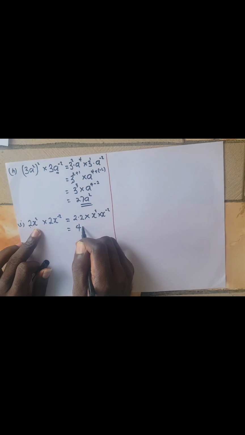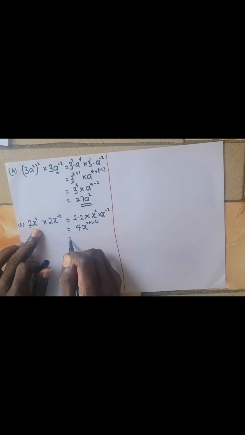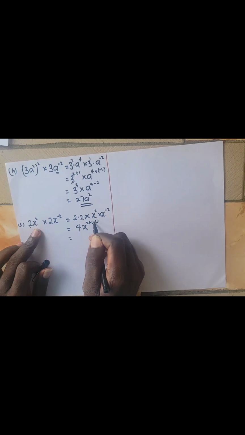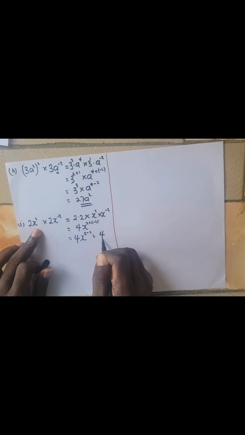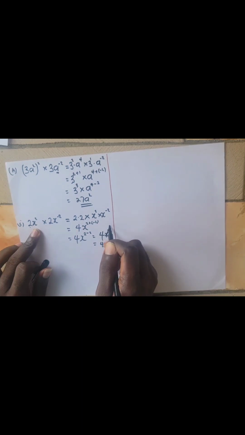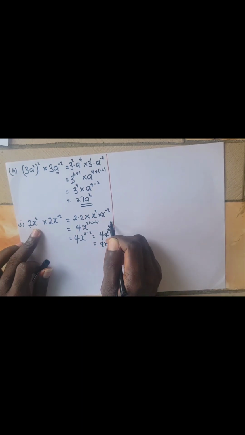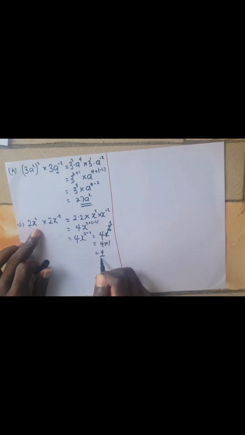This is equal to 4 times x raised to the power 2 plus minus 2. Plus times minus is minus. So this is 4x raised to the power 2 minus 2, which is 4x raised to the power 0. It is 4 times 1. So this goes to 1, which is 4.